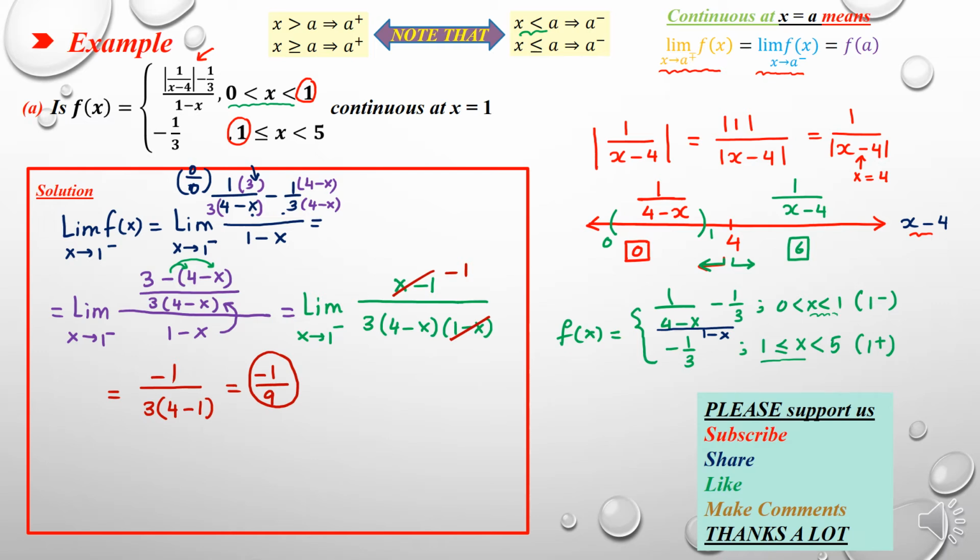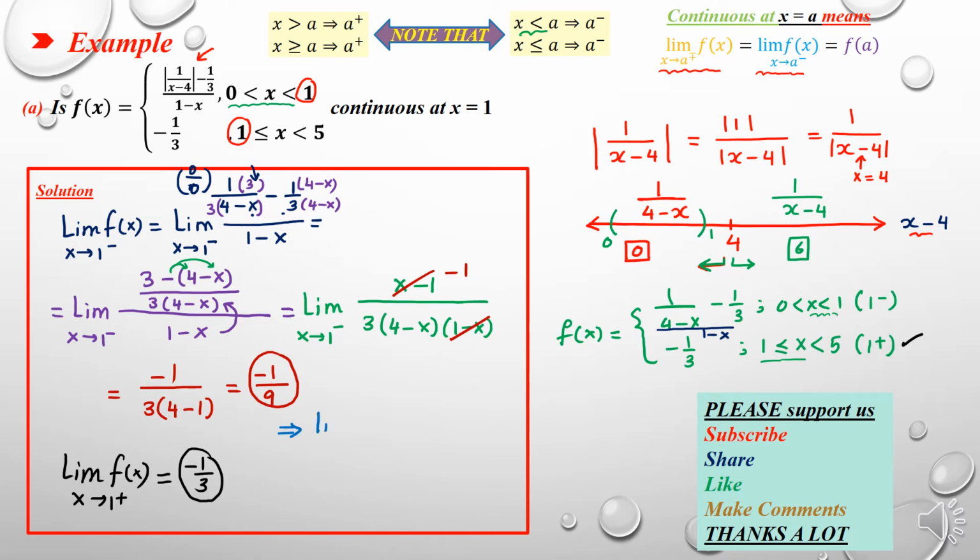Now you have to find the limit of f of x when x goes to 1 from right. From the right, the function is negative 1 over 3. Now as you see, the limits are different.